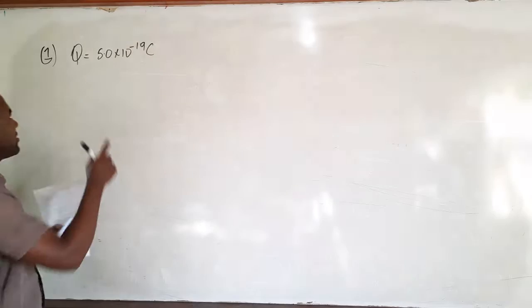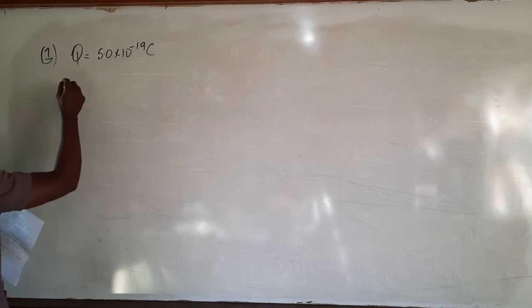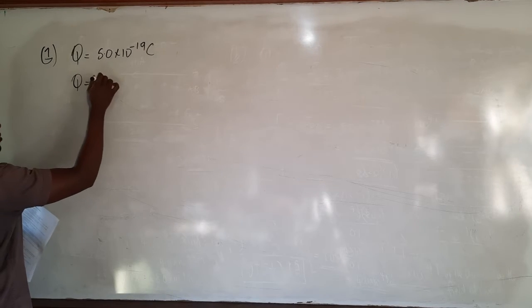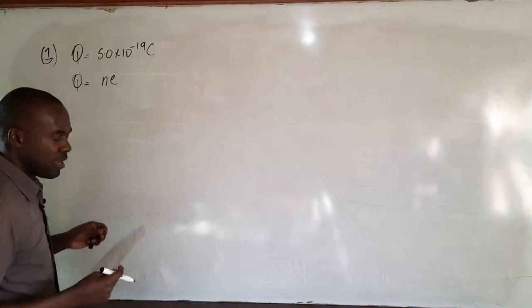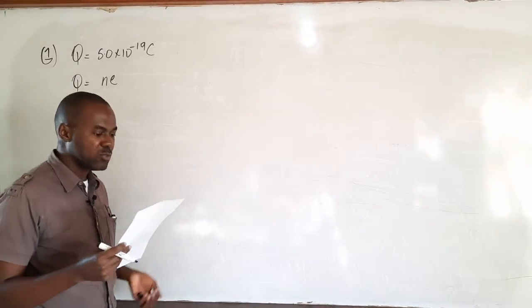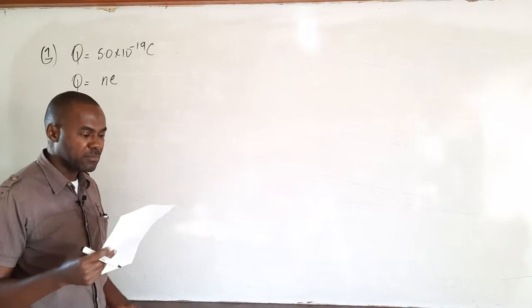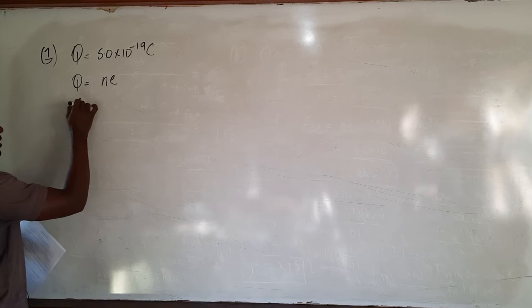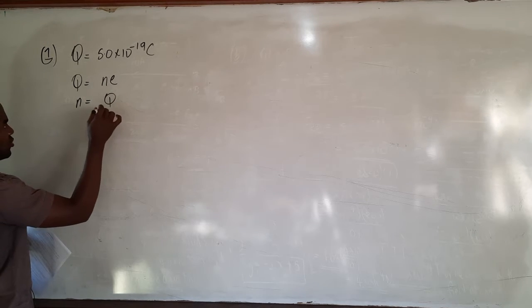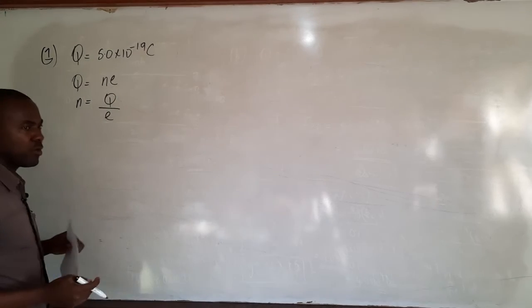So we can say that the total charge Q is equal to the number of electrons N times the charge on one electron. And of course, we know the charge on an electron is 1.6 times 10 to the minus 19 coulombs, and therefore the number of electrons N is equal to the total charge Q divided by the charge on one electron.